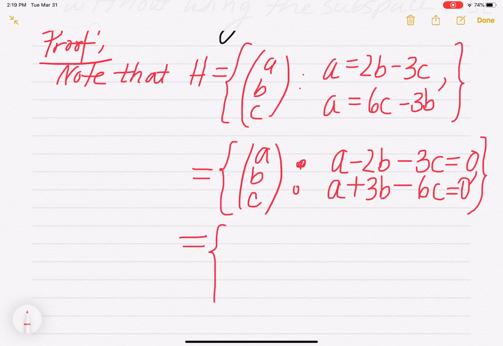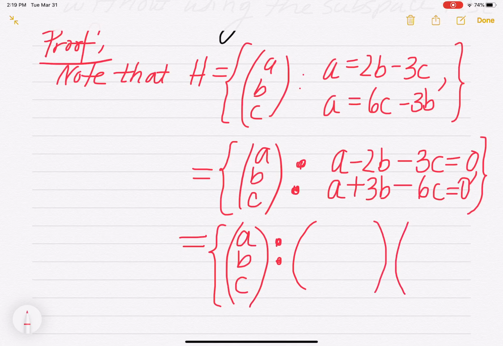Now we can rewrite that system of equations. We have two equations and three variables, so we can write the system as a matrix vector equation.